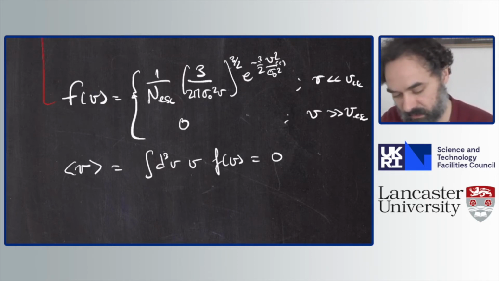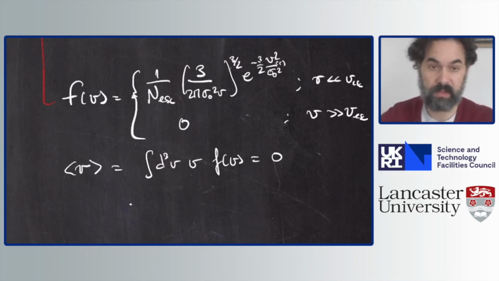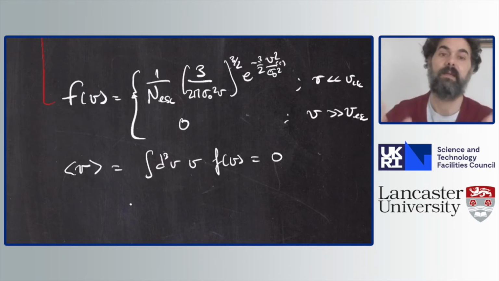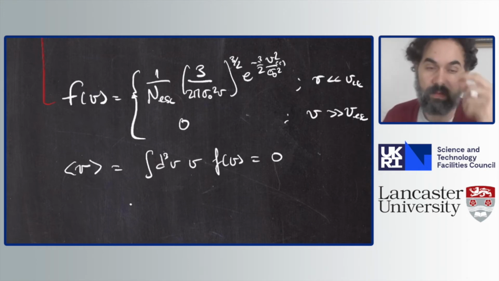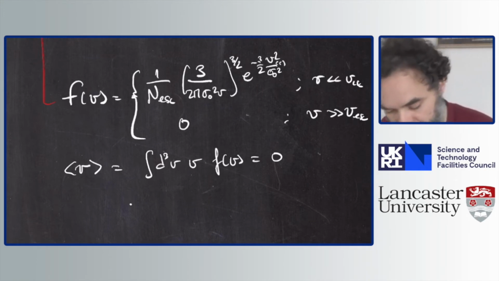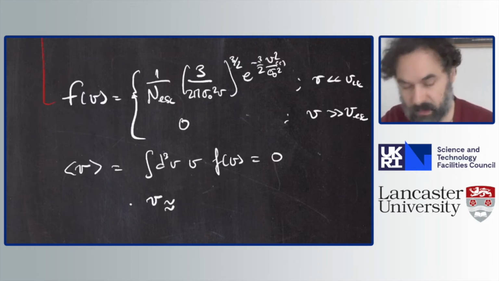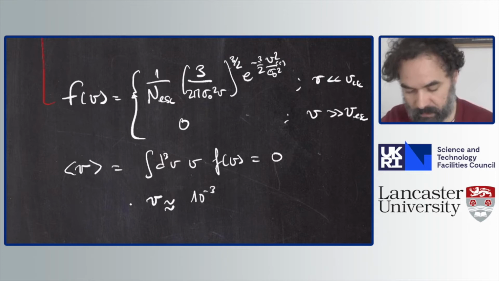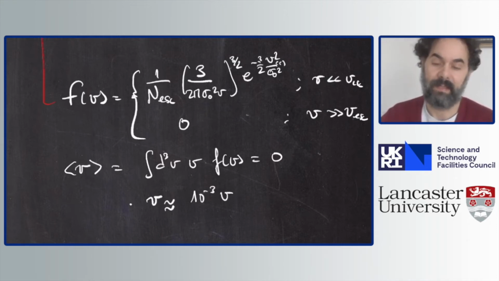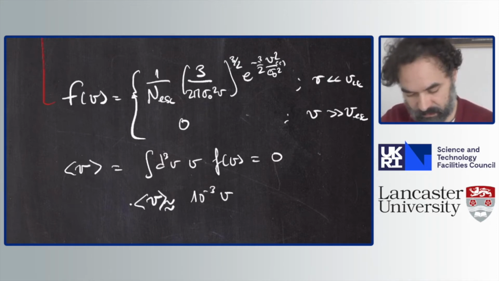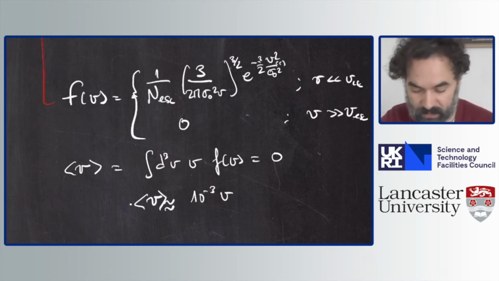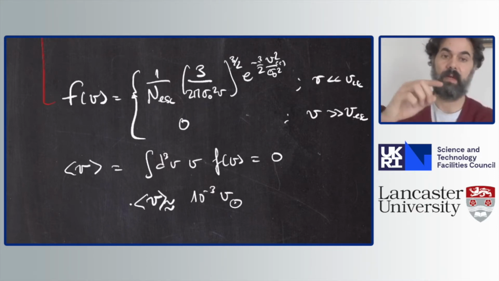So there is an extra piece of velocity, as if you move in a medium which is still, you will see a wind because you're moving with respect to it. This basically means that if you change frames, the typical velocity of dark matter particles that you see on Earth is the same as the velocity that the Earth, or in particular the Sun, has when it moves around this dark matter halo.